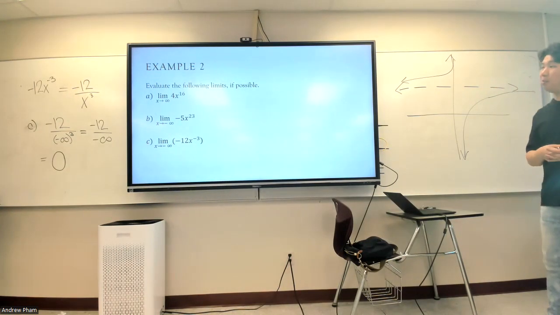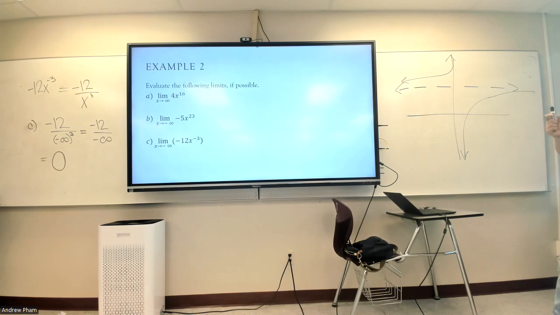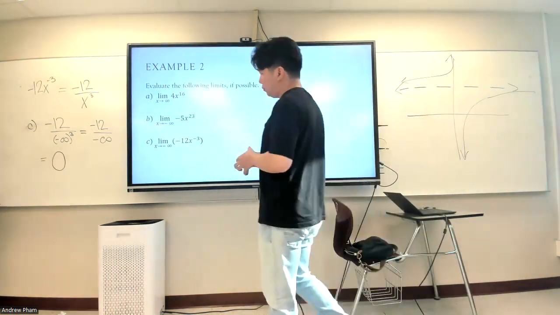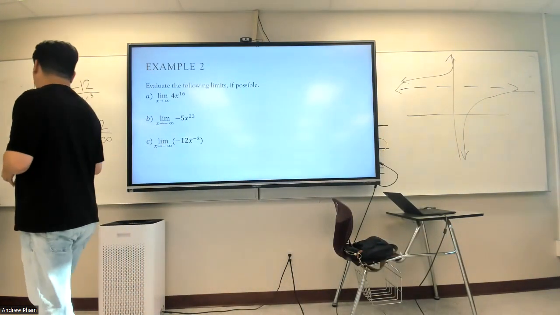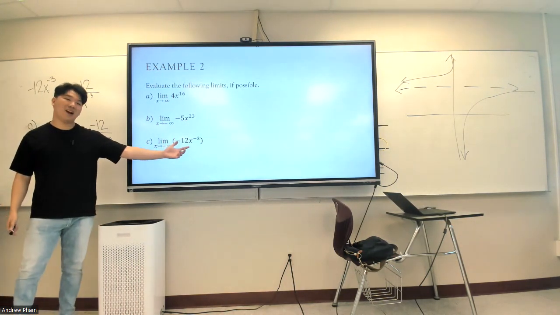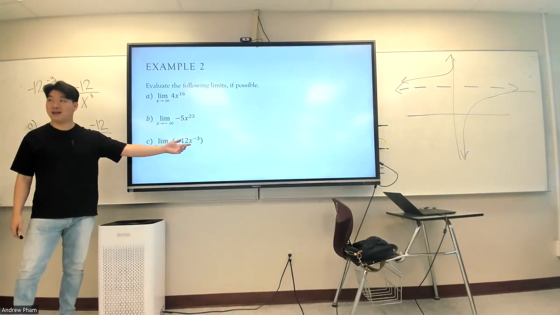So we've just gone ahead and completed parts A, B, and C. What we had was infinity, infinity, and then 0. If I wanted to, I could put this into my graphing calculator, negative 12x to the negative 3.